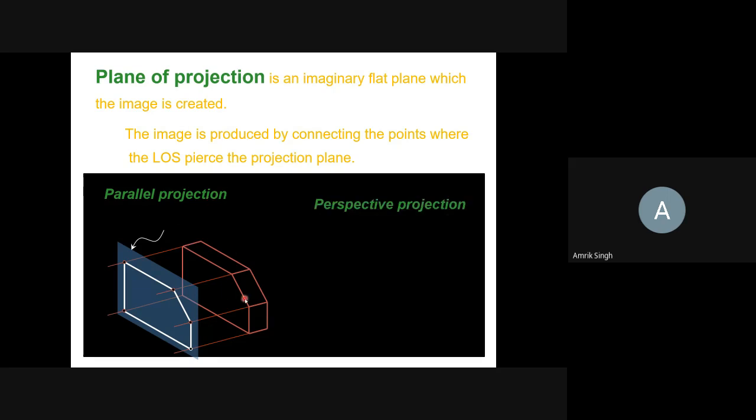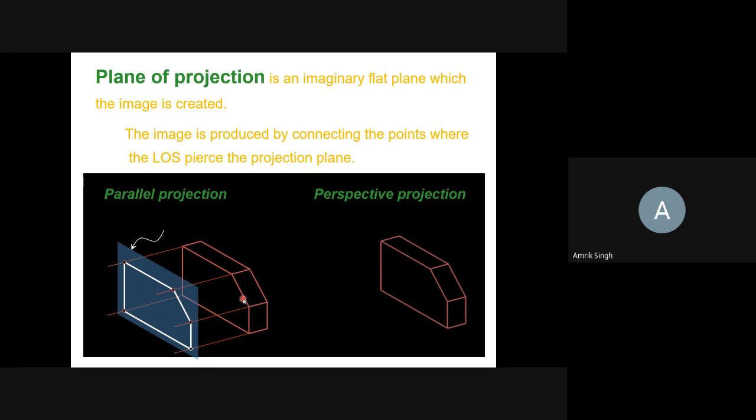Similarly, the second kind of projection is the perspective projection. So this is an object, this is a plane. Now if we follow the other method, that is the converging one, suppose we are standing here, a line of sight will start from each point and converge at a single point, and this is how the image is formed.